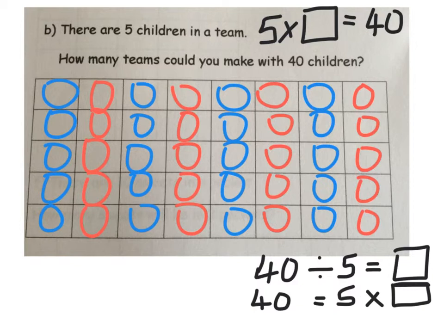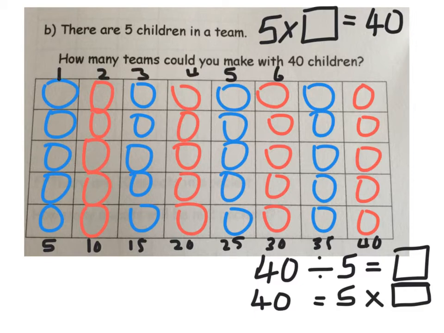Now, really important, I'm not just counting in 5s, as in going 5, 10, 15, 20, 25, 30, 35, 40, but for division I'm actually counting how many teams. That's 1, 2, 3, 4, 5, 6, 7, 8 lots of 5. So the answer to my question would be 8 teams.